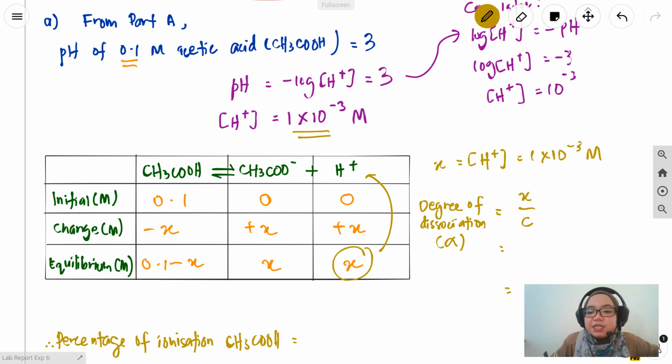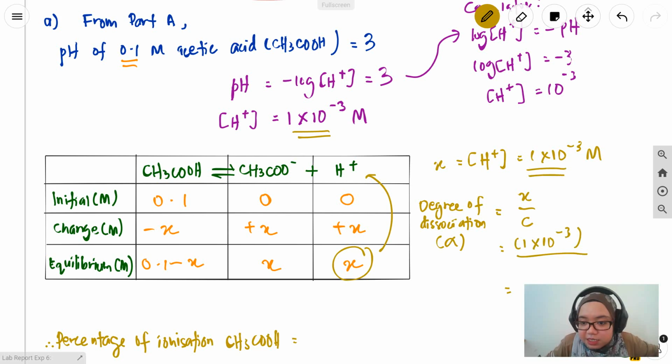So you need to find the degree of dissociation, or ionization, where the CH3COOH will dissociate. It says calculate the percentage of ionization, meaning dissociation of acetic acid. So X here, the amount that has dissociated, is 1 times 10 negative 3.